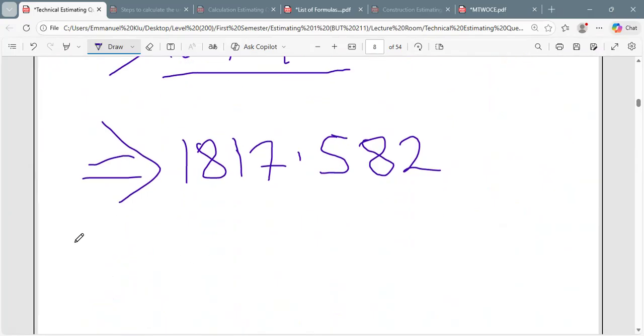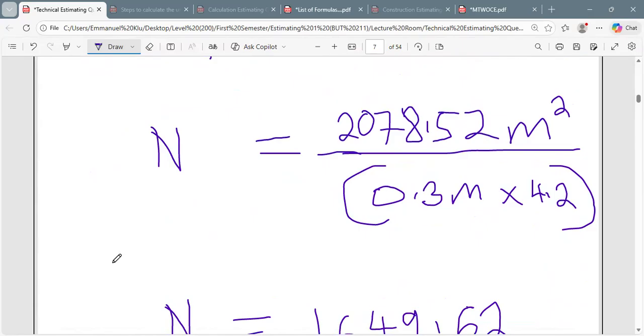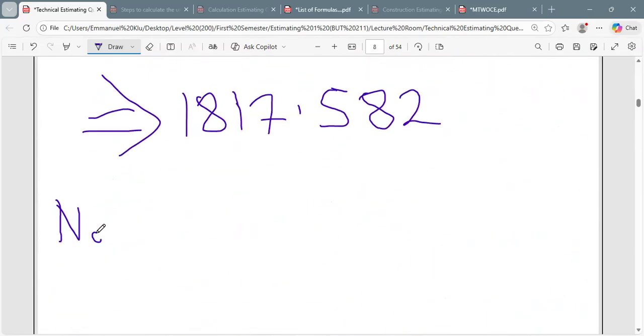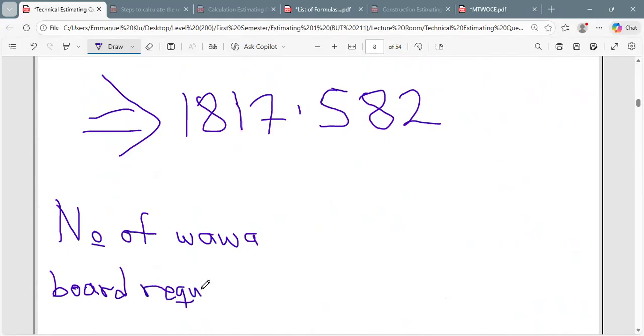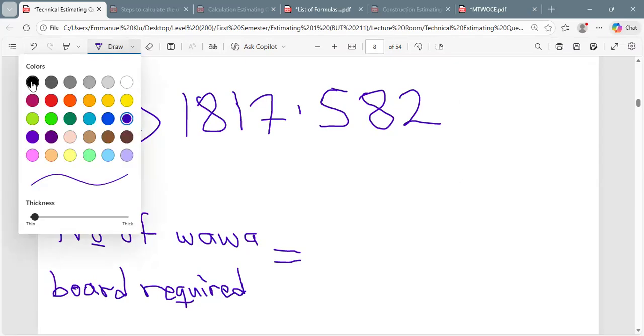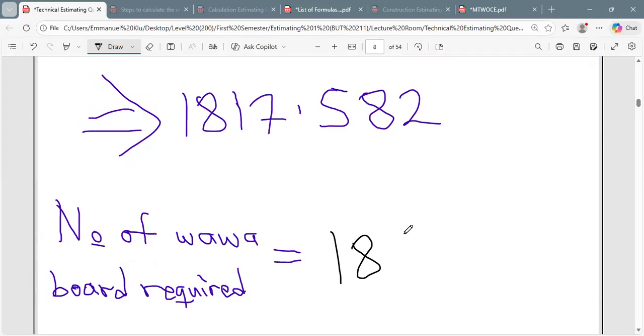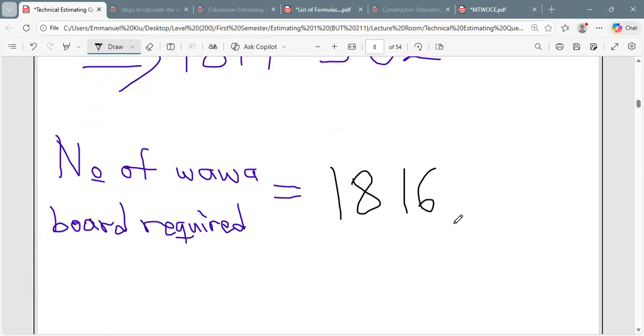So we can now say that our number of boards required is equal to, let's round this to the whole number, 1816.